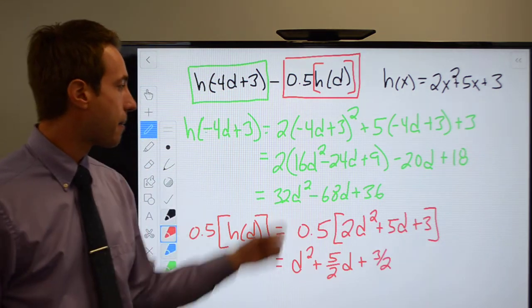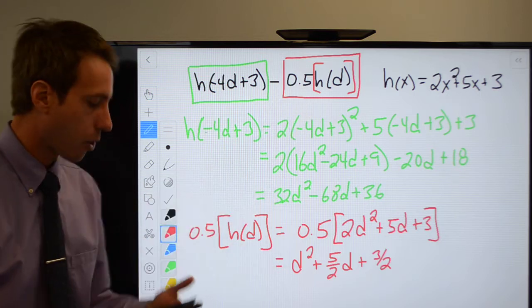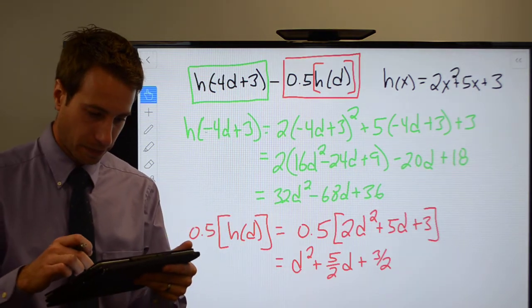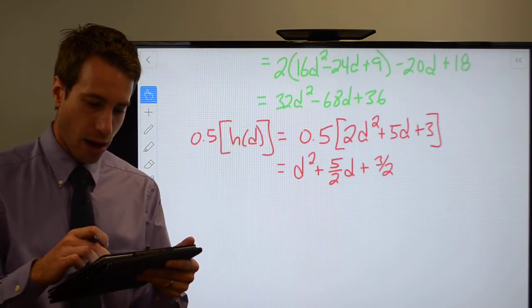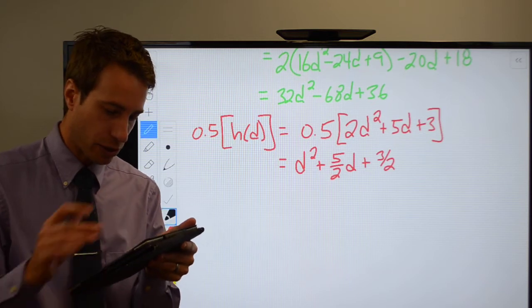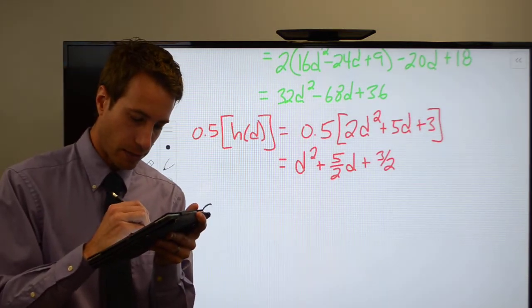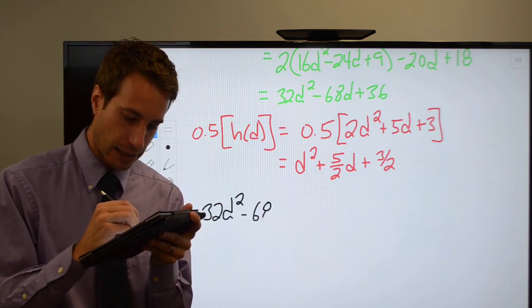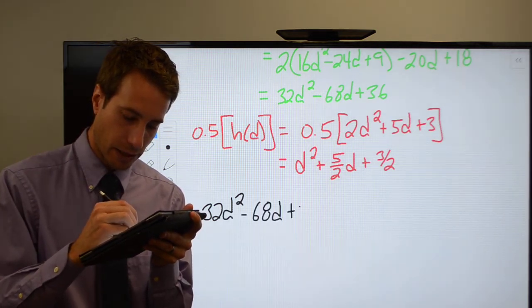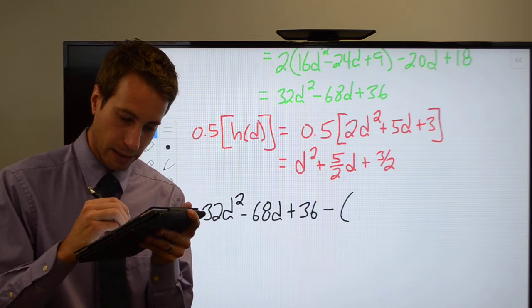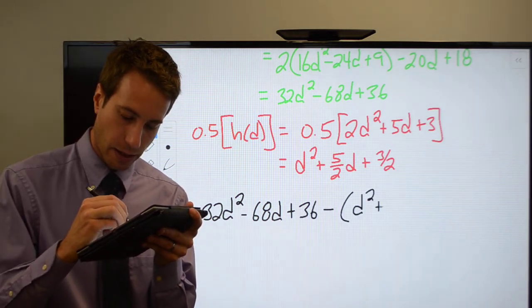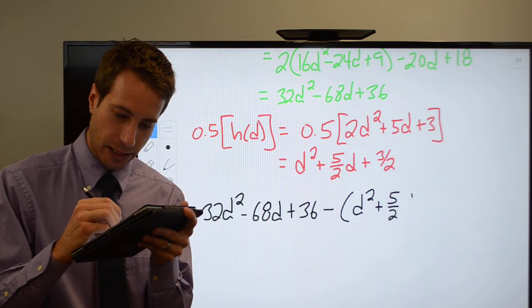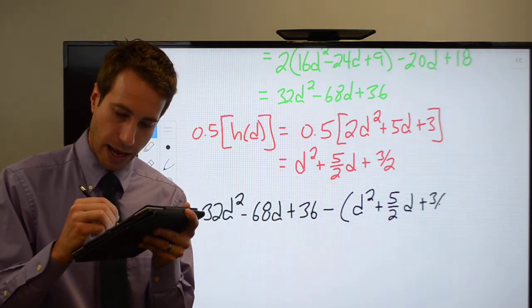All right. Now that I've got my first part and my second part, we'll go ahead and redo this guy. Don't forget your parentheses so that you remember to distribute. So it's going to be 32d squared minus 68d plus 36 minus (d squared plus 5 halves d plus 3 halves).